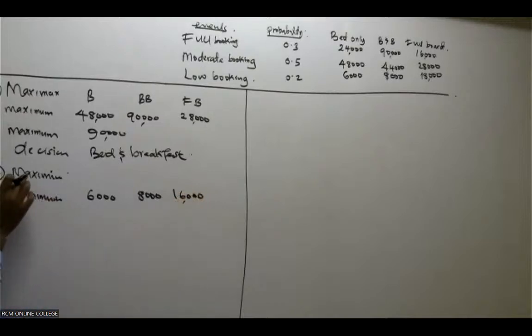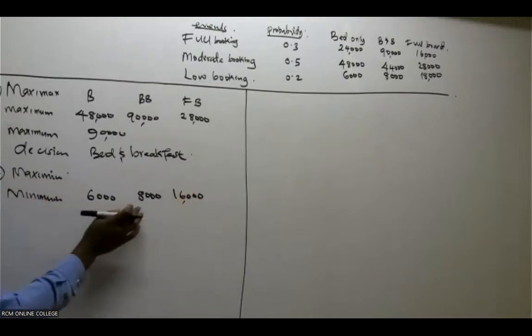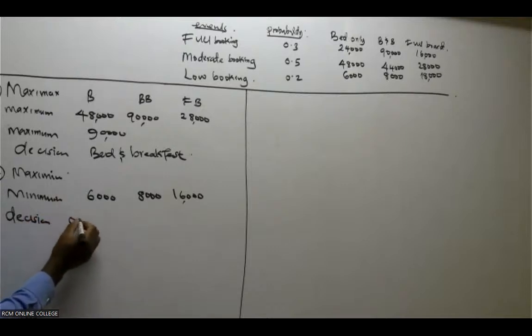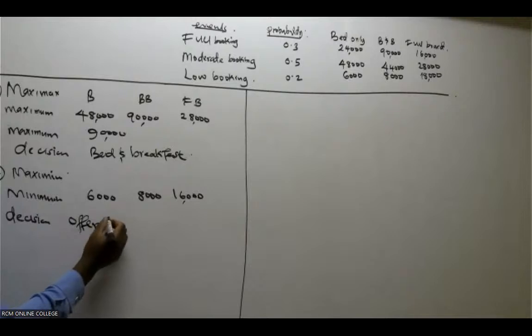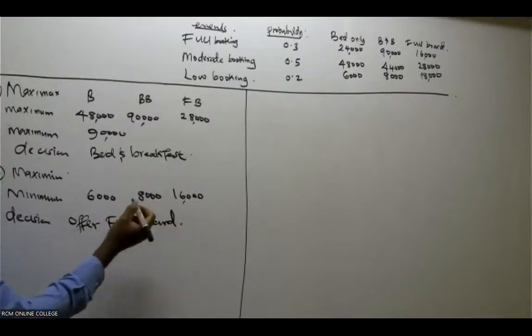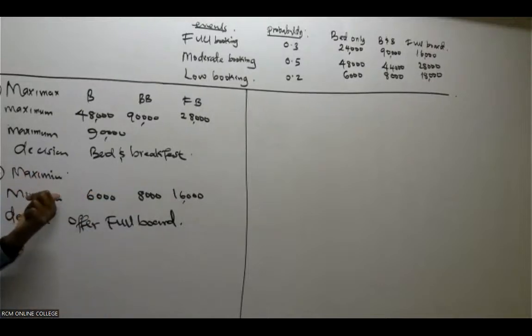What are we doing? We are maximizing the minimum figure. So the highest of these is 16. Decision here: offer full board. We'll be able to meet the maximin criterion.